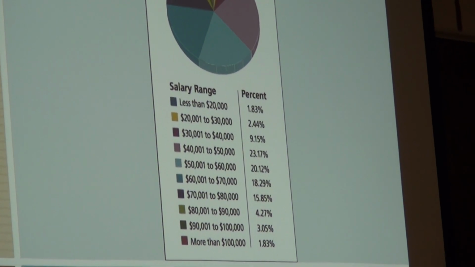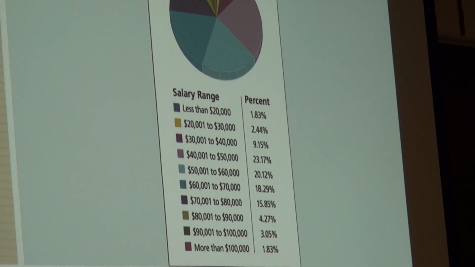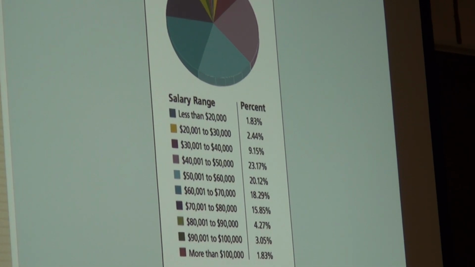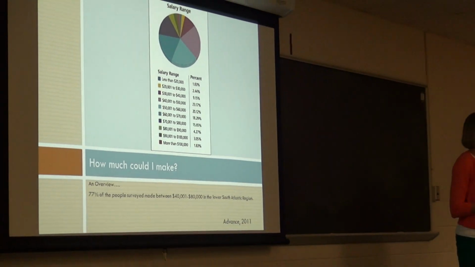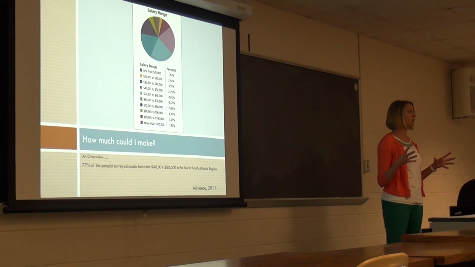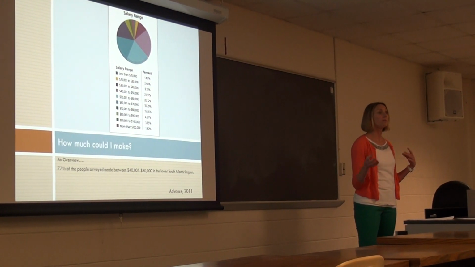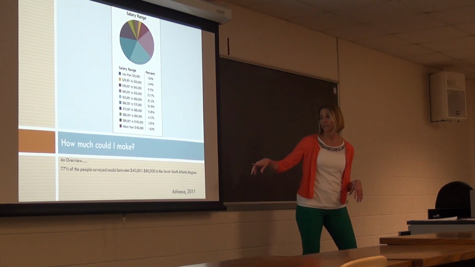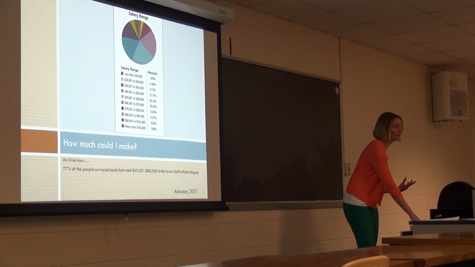And I did that for the lower South Atlantic region. And so obviously as you move across the country into different locations, that number can change. I did write the resource down for you all on the references pages. If you're interested in more, if you're from California and that's where you're going back home, if you look at the ADVANCE for Speech Language Pathologists and Audiologists, you'll be able to pull that up.